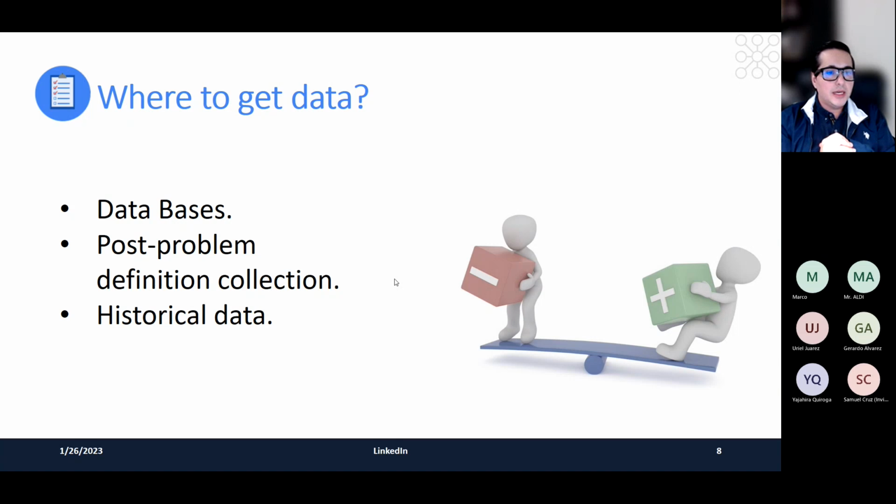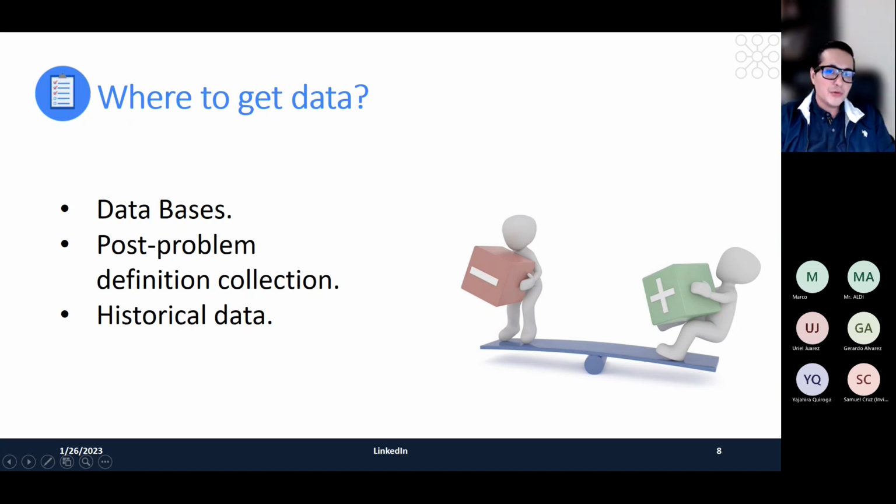The other one is post-problem definition collection. That means that once you define the problem, you know your inputs, you know your outputs, you know where you're going to get the data from, you have to go collect it. You have to go stand on the line, stand with the process, and start writing down on a little clipboard. Observation 1, this is what I got. Observation 2, this is what I got. And there's also historical data.